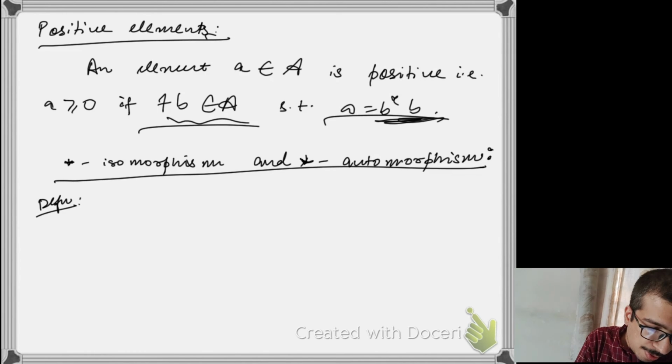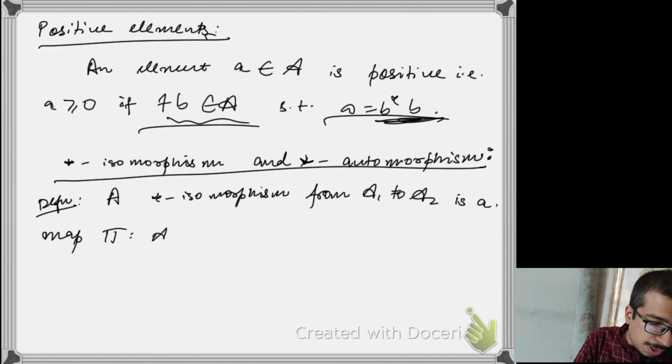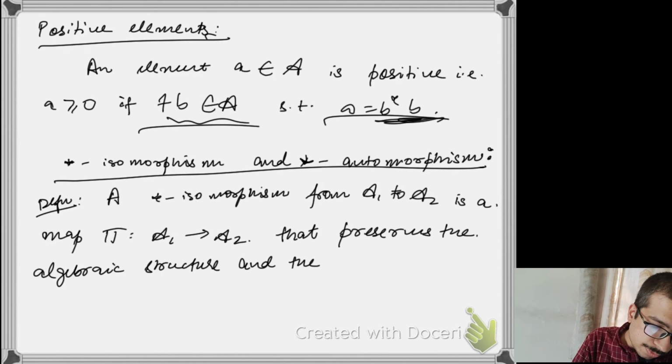So essentially, a star isomorphism from A1 to A2 is a map pi from A1 to A2 that preserves the algebraic structure and the norm.